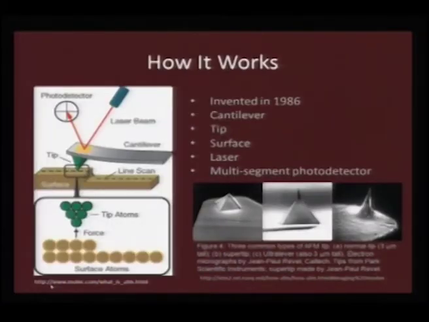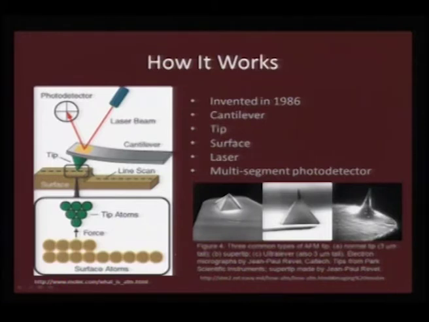Here the principle is very simple, where you use a cantilever which houses a tip, and this tip is scanned across a surface, and if there are any ups or downs in the surface, then the deflection in the cantilever is photodetected using a laser beam. A laser beam falls on the cantilever, and any deflection that is seen can be traced as a topography.